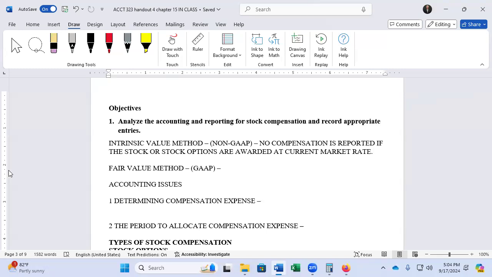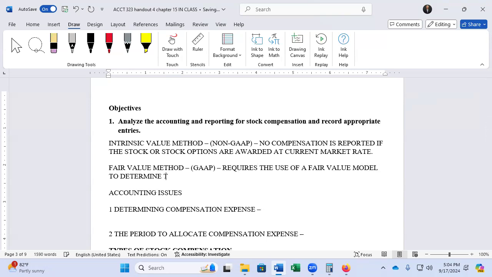And so the fair value method requires the use of a fair value model to determine the value of the stock or stock options.